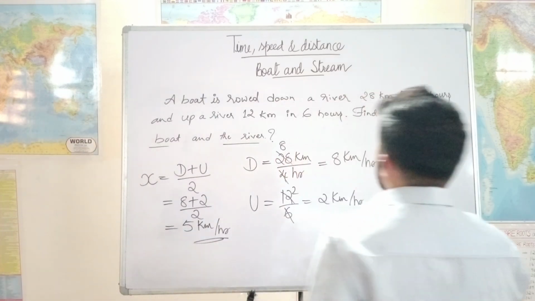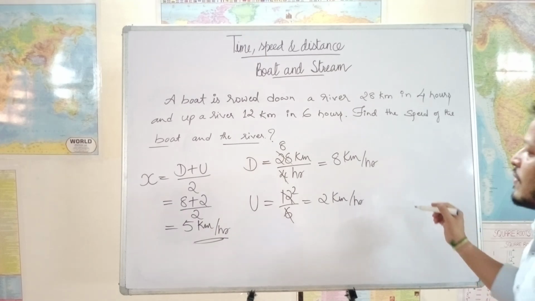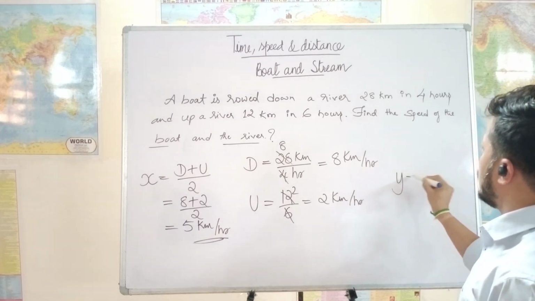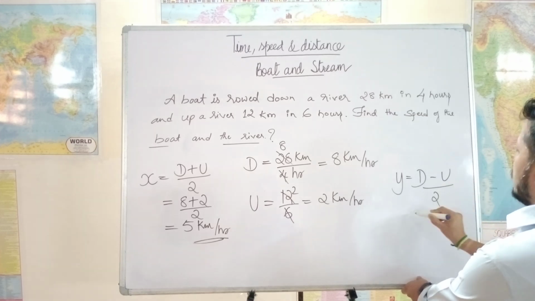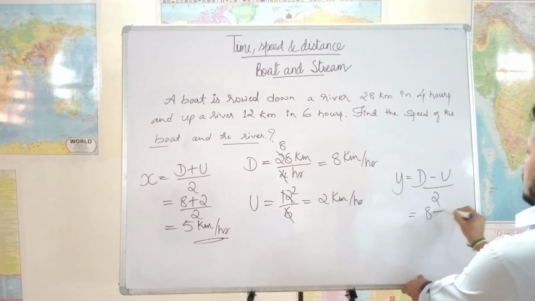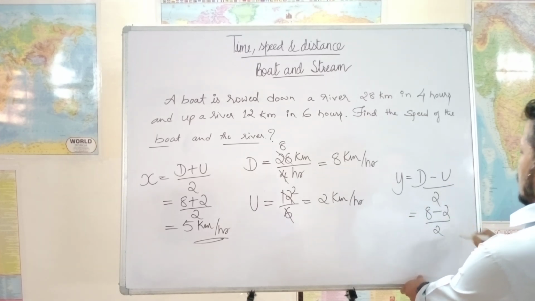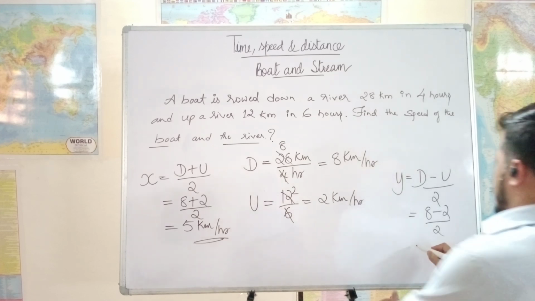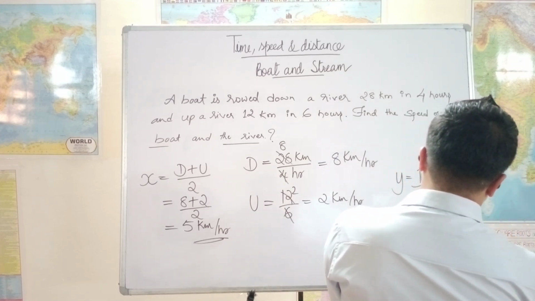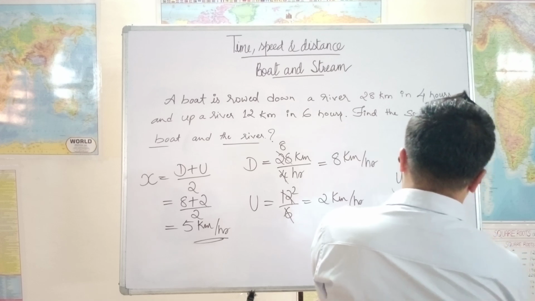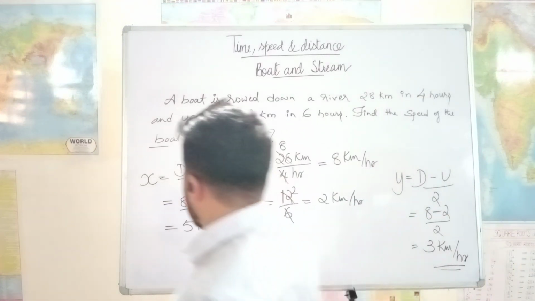And y, the speed of the river, is y is equal to d minus u by 2, which is equal to 8 minus 2 by 2, which is 3 kilometer per hour. Alright?